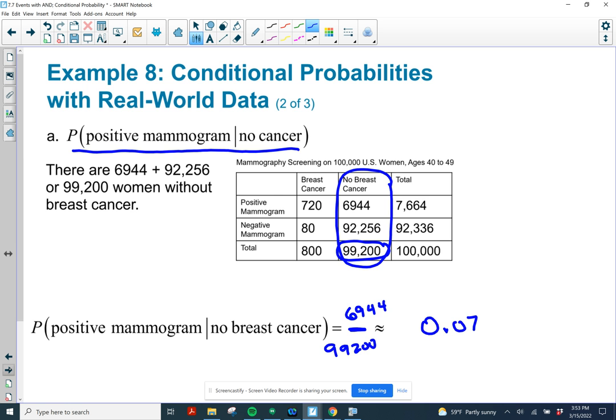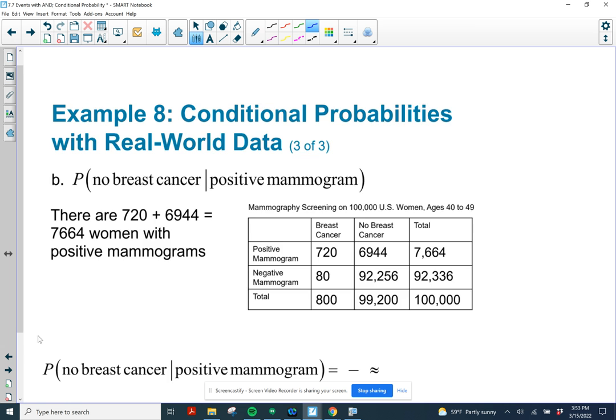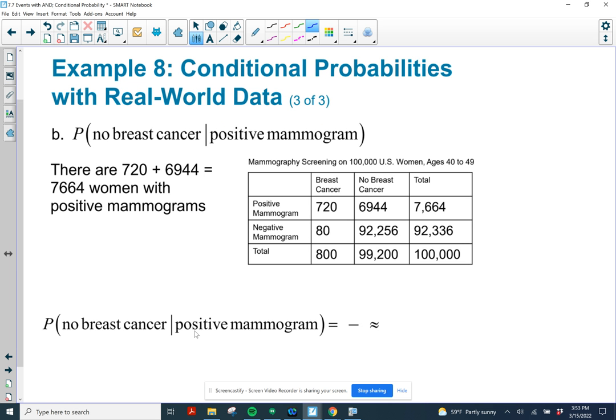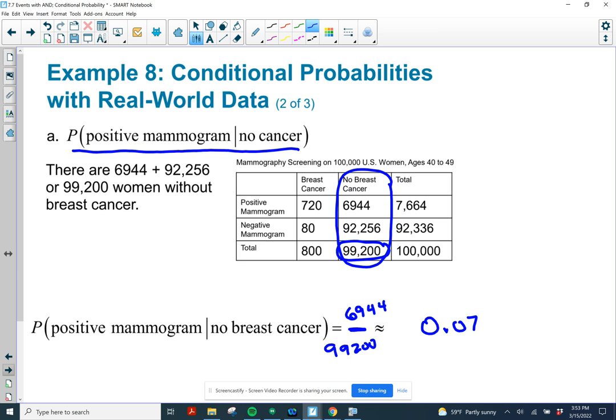Let's look at this last example, part B of example 8. Let's go back and look at it. We wanted the probability that she does not have breast cancer given that she has a positive mammogram.